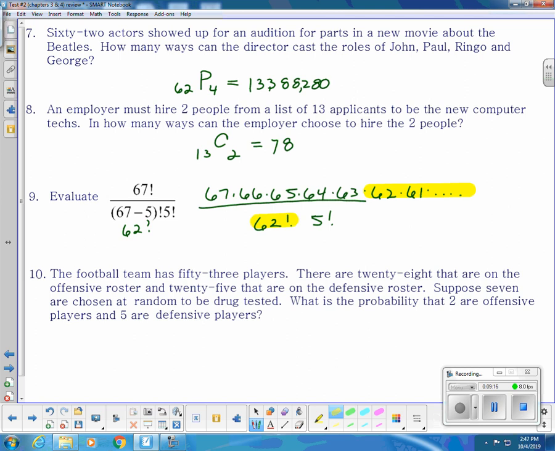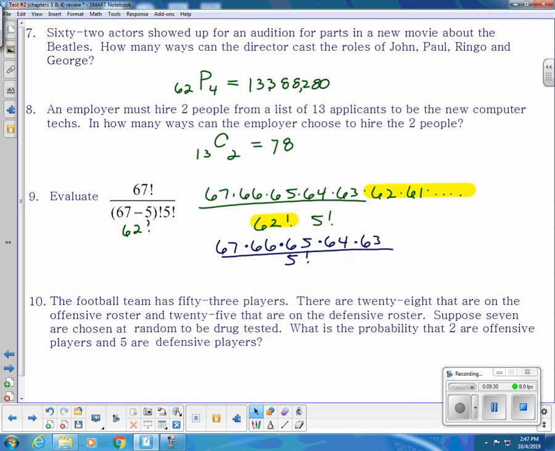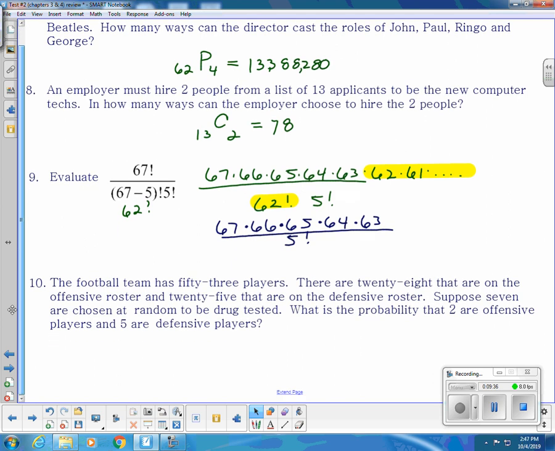So in your calculator, you're going to type in 67 times 66 times 65 times 64 times 63, and then you'll be able to divide by 5 factorial without overflowing your calculator. Or you can do 5 times 4 times 3 times 2 times 1 in the bottom as well. So you want to be able to reduce the factorials.